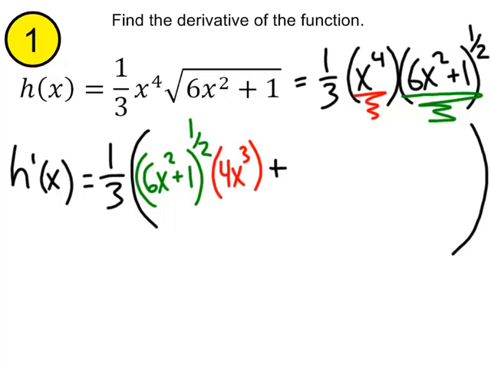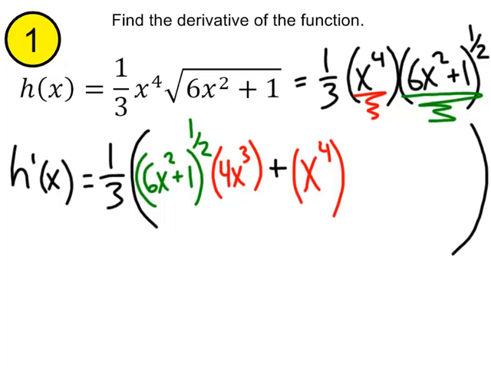Plus the first function, x to the 4th, times the derivative of the second. Now I'm going to have to apply the chain rule. So watch closely. I'm going to try to do this rather efficiently, but pause, work it out if you need to on your own, see if you agree with me. I'm going to apply the chain rule on that.